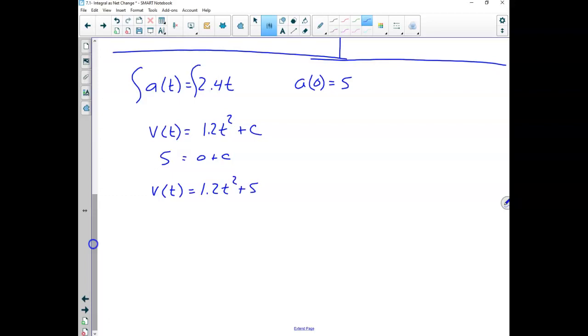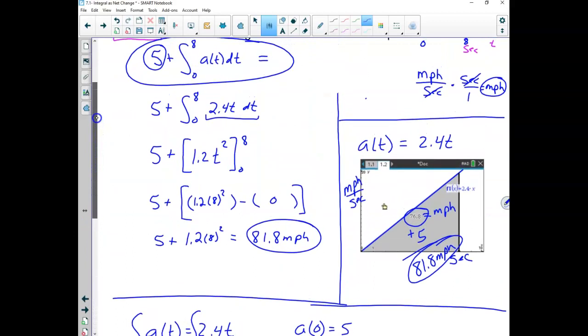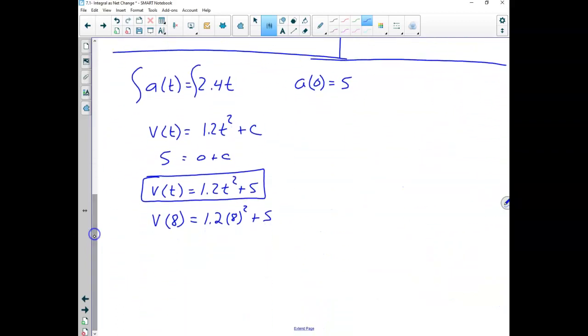And if I need to know my speed at time 8, well, it's 1.2 times 8 squared plus 5, which is exactly what we did up here, just in a little different manner. And what are we going to get? We're going to get 81.8 miles per hour.